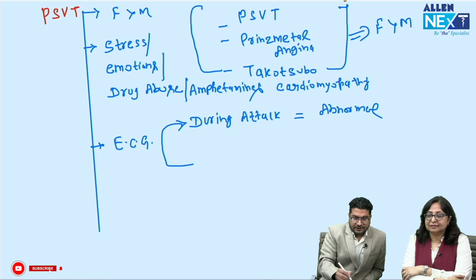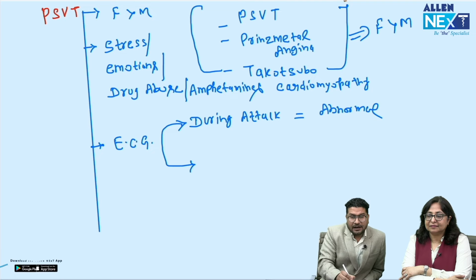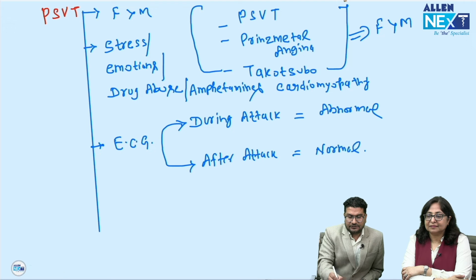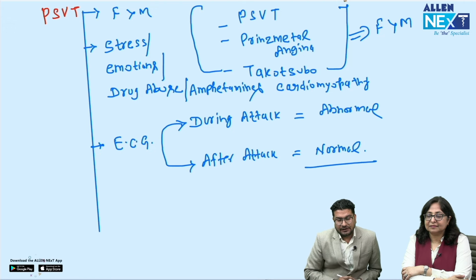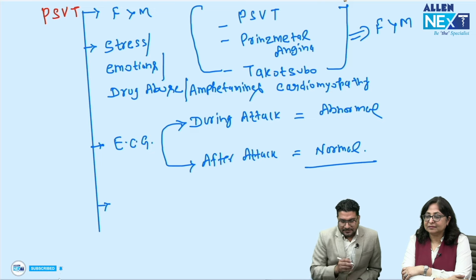In the same patient, if you do the ECG the next day, after the attack, maybe the same patient having PSVT, next morning or after a few days, the ECG will come normal. Another MCQ that they ask in the exam is, in which arrhythmia can you see a normal ECG later on, that is PSVT.